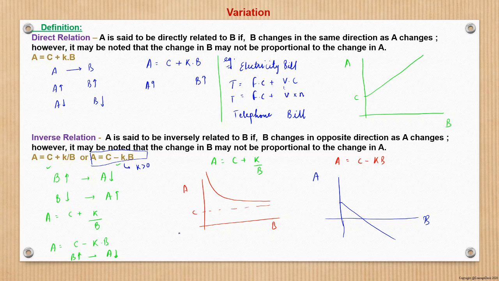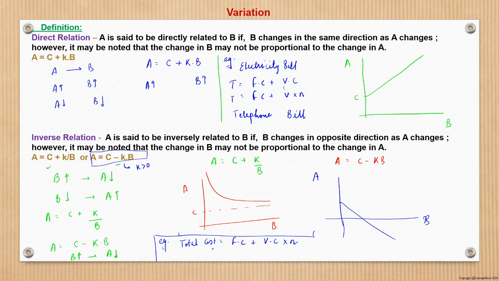The same applies in inverse relation. A typical example will be in industry. Again, total cost is fixed cost plus variable cost, right? Variable cost, say per unit, and the number of units produced. Say suppose it's a Maruti plant. Maruti produces n units of cars in a year, and for 1 unit of car, the variable cost is say V, right?